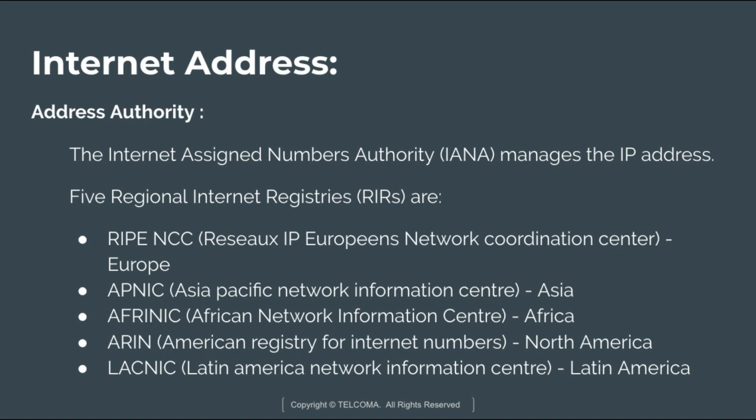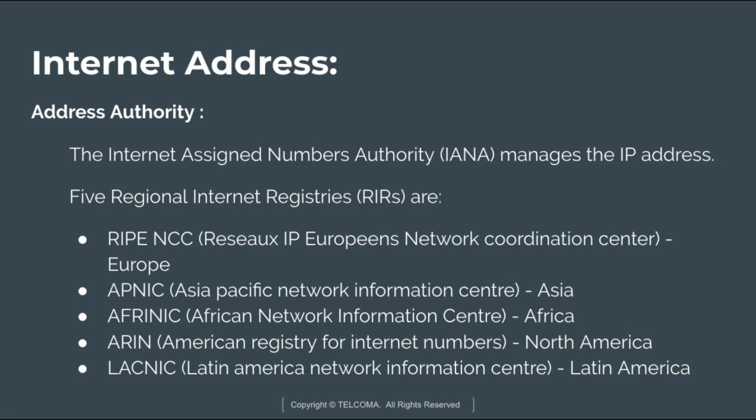Here the IANA, that is the Internet Assigned Numbers Authority, manages the IP addresses, and it is further divided into 5 RIRs, that is Regional Internet Registries. RIPE NCC, the Réseaux IP Européens Network Coordination Centre, is in Europe. APNIC, Asia Pacific Network Information Centre, is in Asia.